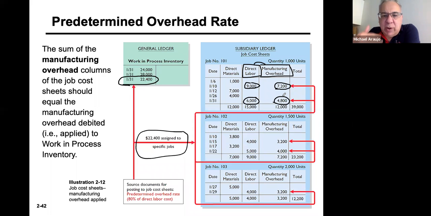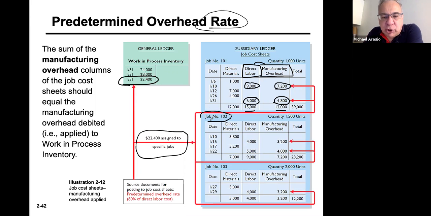So this is how we would allocate manufacturing overhead based on this overhead rate. Okay, I hope everyone sees that. Direct labor for job 1 is $15,000. So you'll see the manufacturing overhead based on the predetermined overhead rate is 80% of that, which is $12,000. Please pay attention.